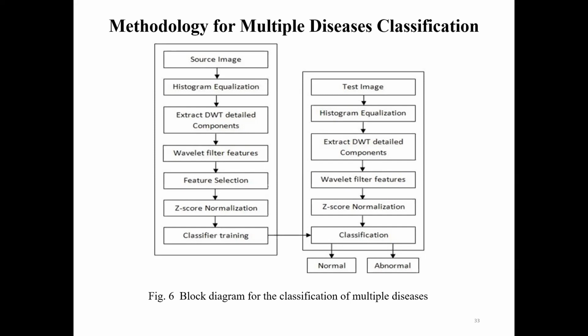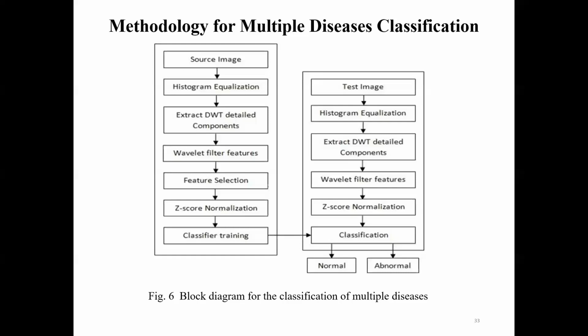For retinal disease like glaucoma, 100 retinal fundus images of the retina, 100 dermoscopic images of skin, and 100 chest X-ray images of lung. A total of 300 images are acquired from standard databases, as I already showed you the standard data sets.